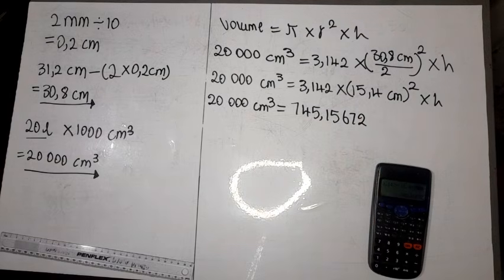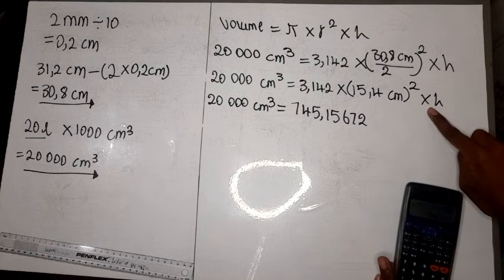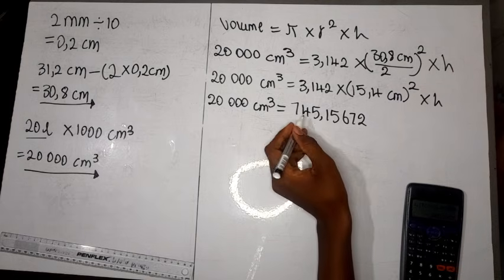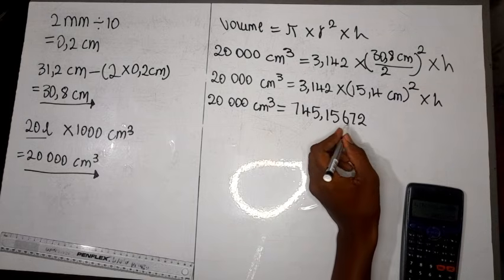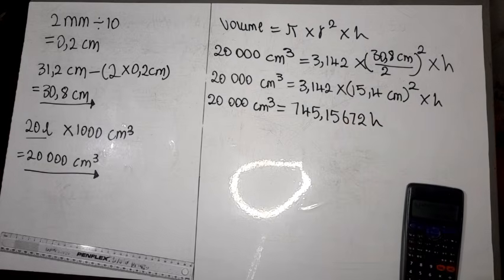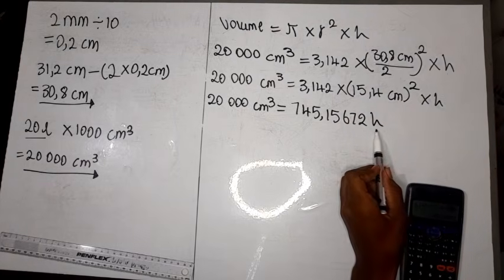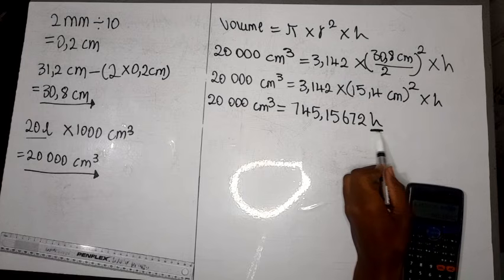Please do not round it up, do not round it down, just write it as it is. Multiply by height, so it is going to be 745.15672 height, right? So we want to figure out the value of height, the value of h.